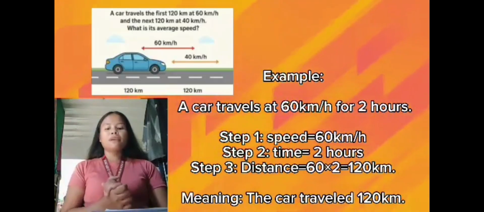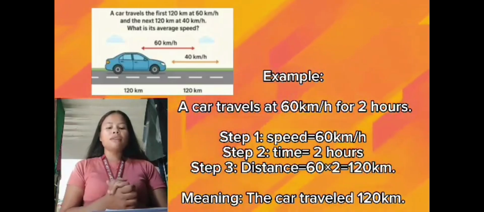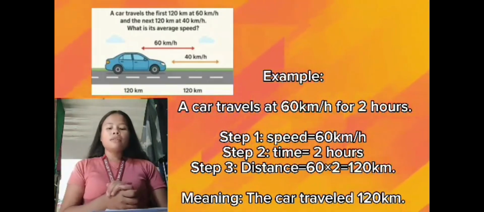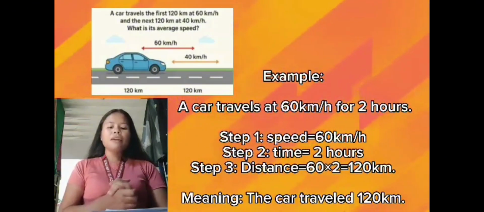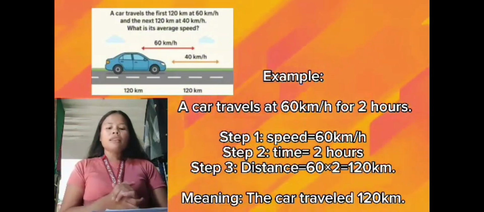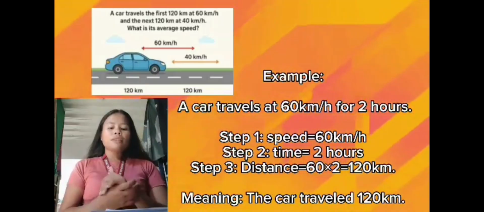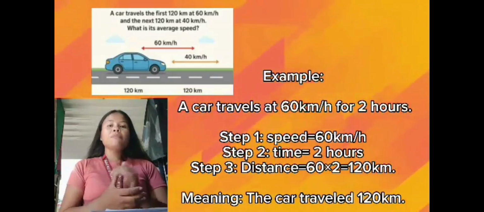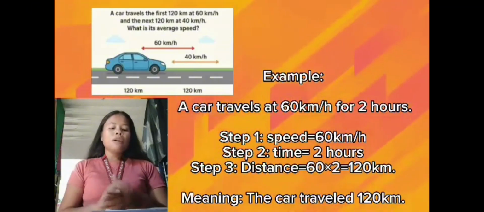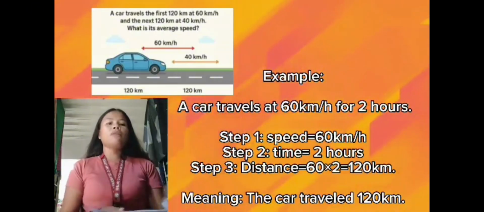For example, a car traveled at 60 km per hour for 2 hours. Step 1, speed equals 60 km per hour. Step 2, time equals 2 hours. Step 3, distance equals 60 times 2 equals 120 km.